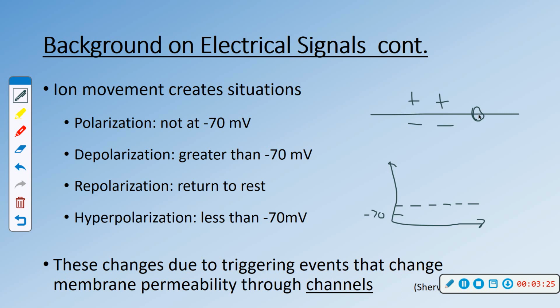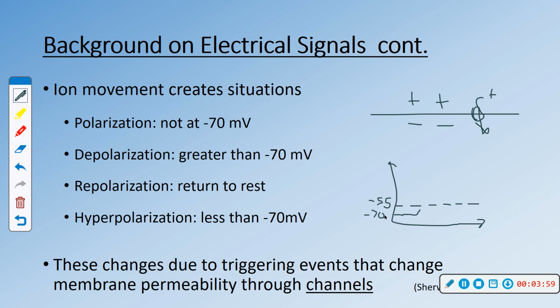For example, sodium or even calcium ions like to flow in, and those are positives. So sometimes they flow in, creating fewer negatives. That means when I'm at rest, if I start to get those positive ions in here, it starts to rise. If it rises far enough to -55, then I've reached my threshold and those signals can start firing.